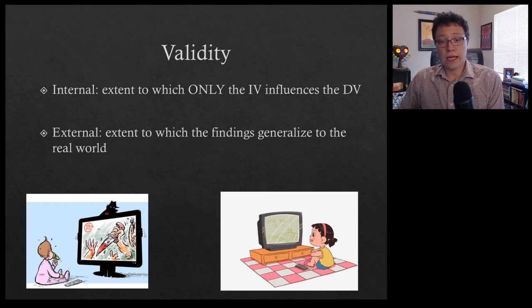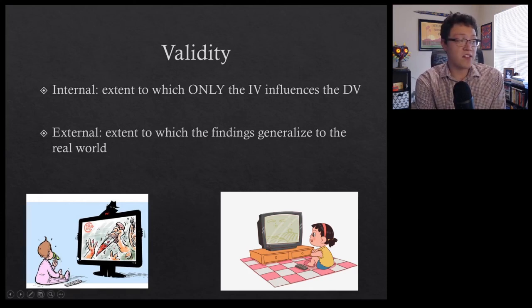So with internal validity, imagine that in a study about TV violence, researchers inadvertently show a violent show to a class that is almost all boys, and then a nonviolent show to a class that is almost all girls. In this scenario, we probably couldn't be confident that the only independent variable, what the students watched, is going to predict our DV on how aggressive or violent these individuals are.